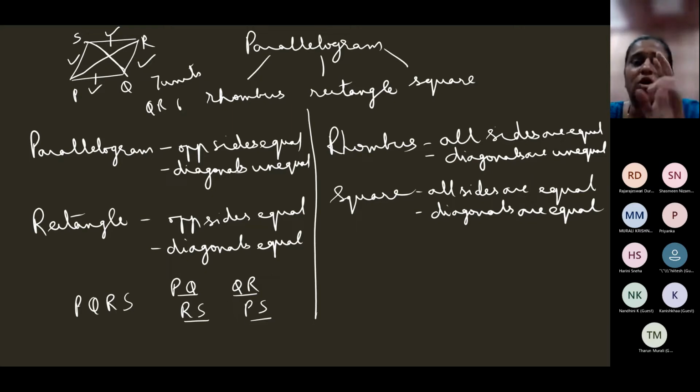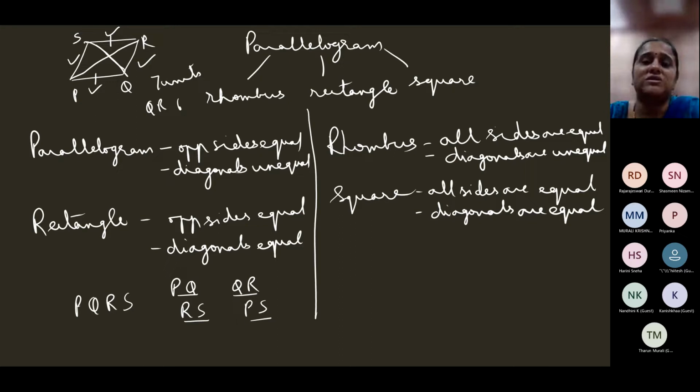If you have to show that it's a rhombus and not a square, then find the diagonals. If all sides are equal and the diagonals are unequal, then it's only a rhombus. The diagonals need not be equal to the sides.